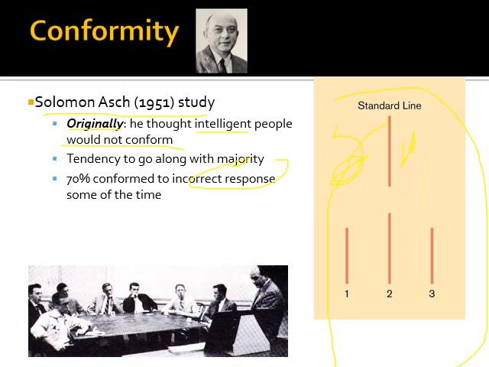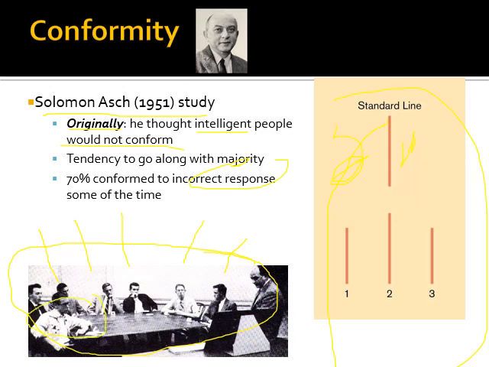But in phase two, he would put that subject in a group. He would ask the same types of questions, easy perceptual questions, but the difference in phase two was that these other Confederates, these posers, would incorrectly answer the questions.